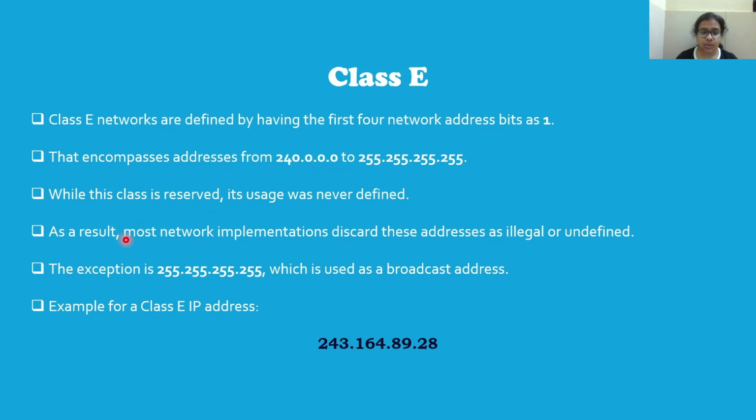As a result, most network implementations discard these addresses as illegal or undefined. The exception is 255.255.255.255, which is used as the broadcast address. Example for a class E IP address is 243.164.89.28.